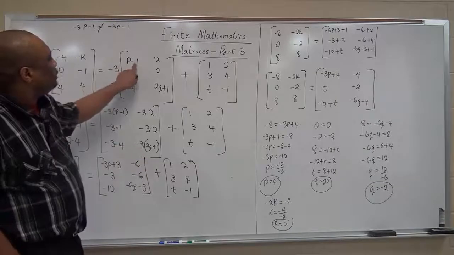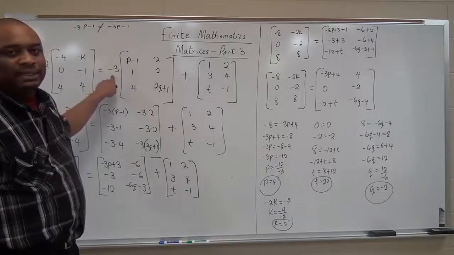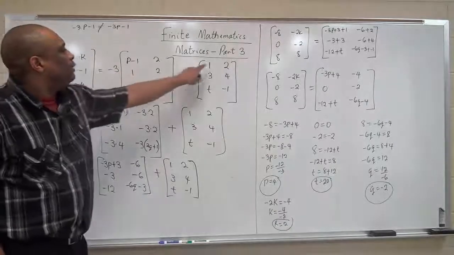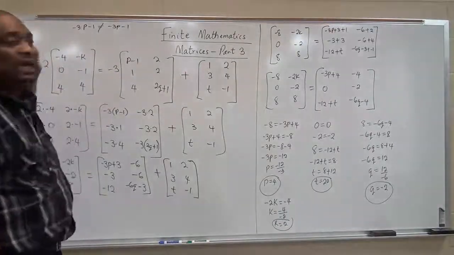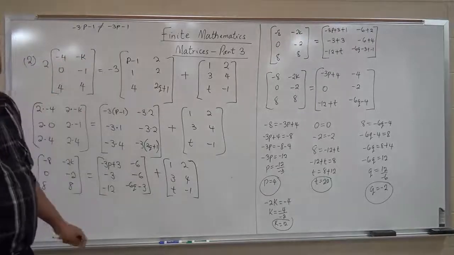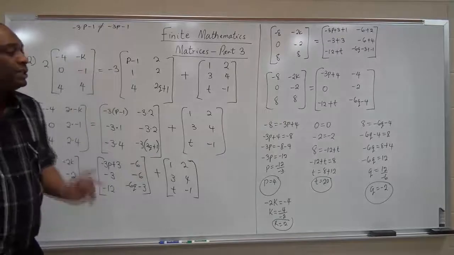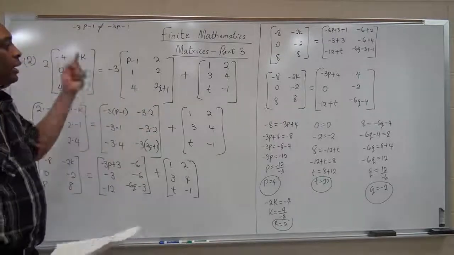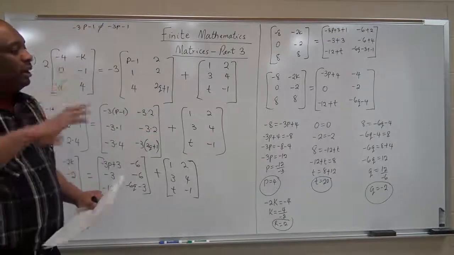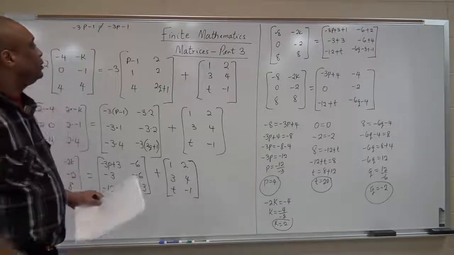This is 4. 4 minus 1 is 3. 3 times negative 3 is negative 9. Negative 9 plus 1 is negative 8. And 2 times negative 4 is negative 8. Yeah, you can check it that way. But because of time for the video, I don't want to check it. But ordinarily, I would check it. I encourage you to check your work.